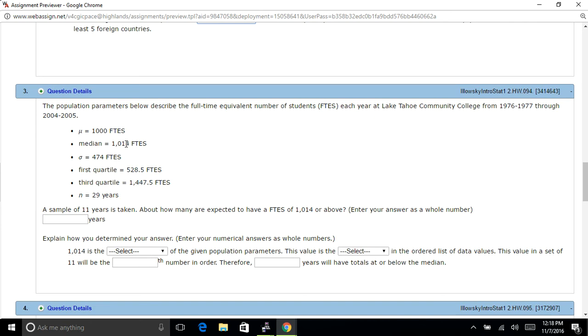So if I do 11 divided by 2, I get 5.5. Well, it wants a whole number, so that's going to be 6 years. How did I get that again? The median is 50% of the data. I had a sample of 11 years, so I divide 11 by 2 and I get 6 years. So 6 years would give me roughly 50% of the data. I know it's 5.5, but they wanted me to round up.